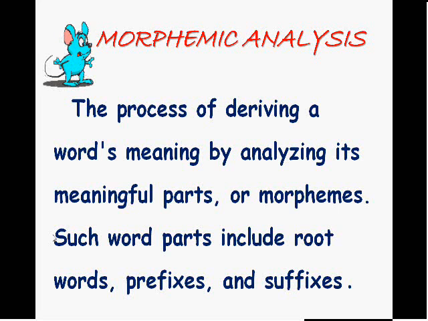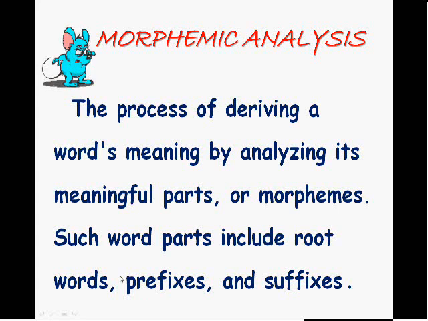So what is morphemic analysis? It is the process where you derive the word's meaning by analyzing its parts, and the word morphemes means the parts. It's like you cut the word into small pieces.